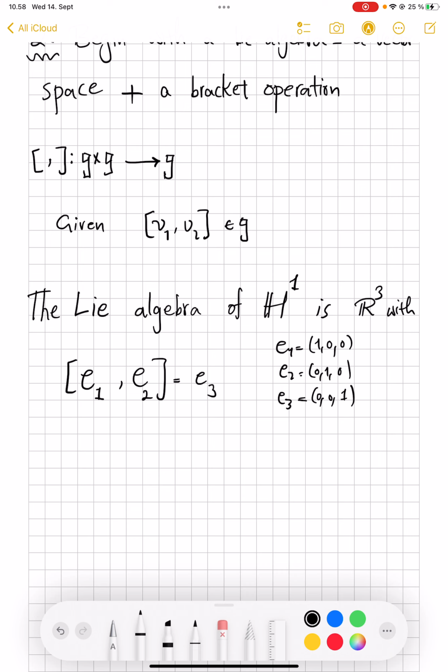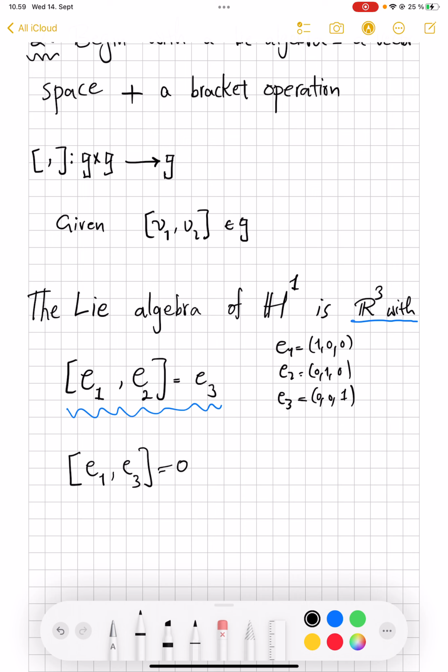For now, we don't know what the group is. We want to recover it. All I'm telling you is that suppose you have R3 with a bracket whose only non-trivial bracket is this. That means any other bracket will be 0. So E1 and E3 will have to be 0, E2 and E3 will be 0.